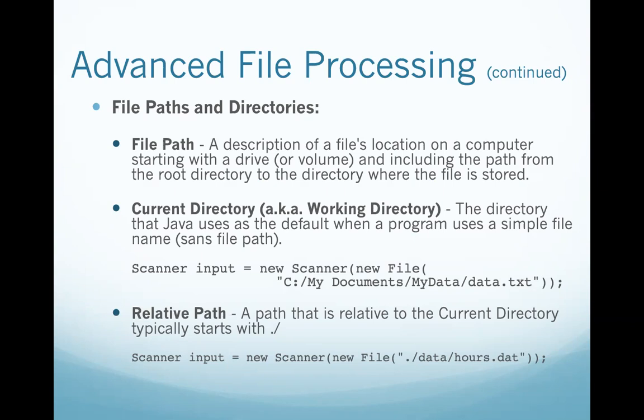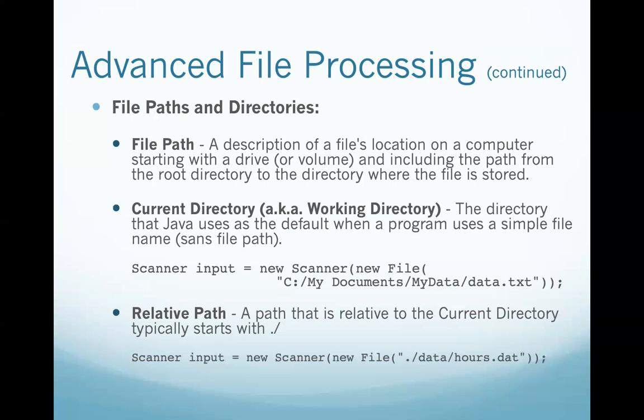Within Eclipse, you'll do file, new, untitled text file, and then you'll enter whatever text, and then you'll save that file to the same folder as your Java file. That's also known as the current directory. It's the working directory that Java and Eclipse use when running your program. You have to make sure that your files are stored in that current working directory.